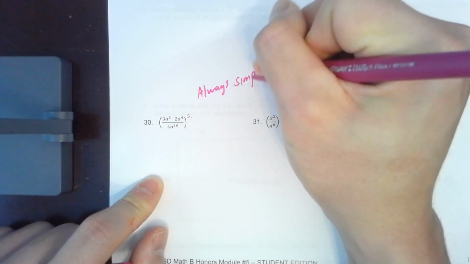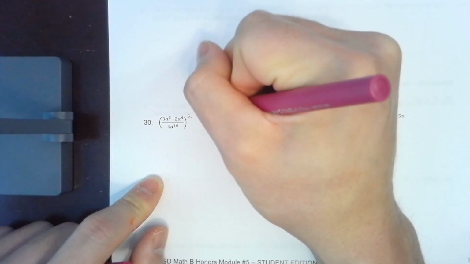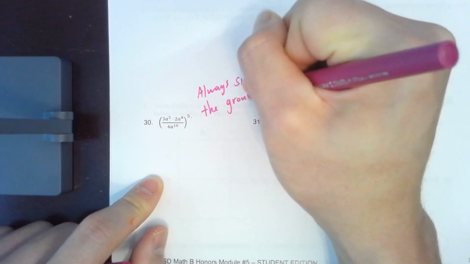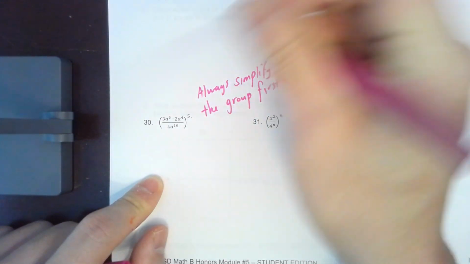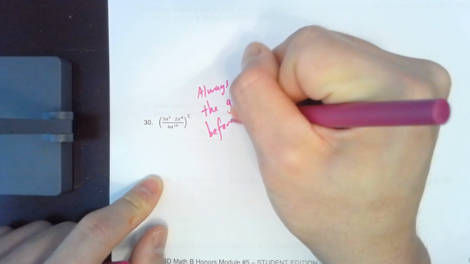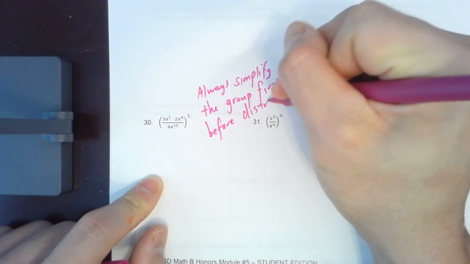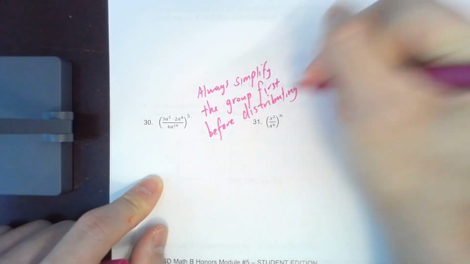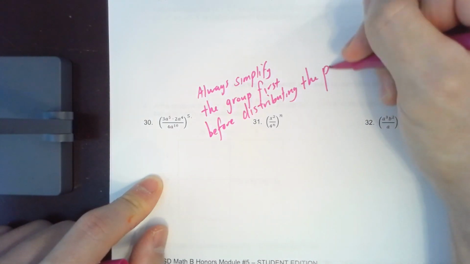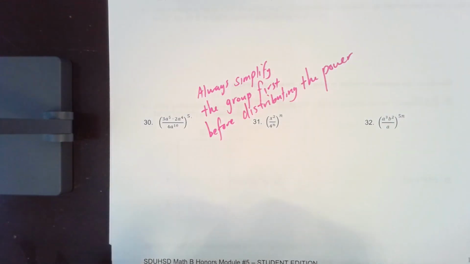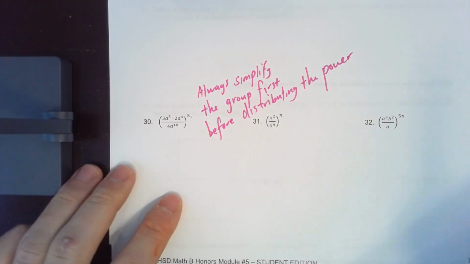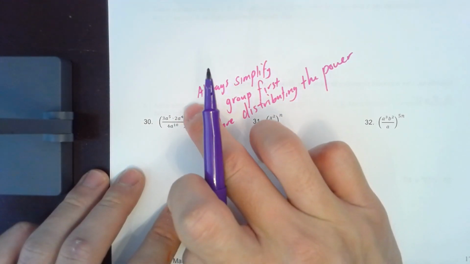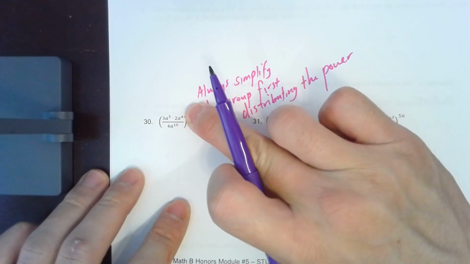Always simplify your group first before distributing the power. Right? This will save you a lot of time, and it will save you the headache of ridiculously large numbers. So I'm going to totally ignore the 5 and just simplify what's inside there.